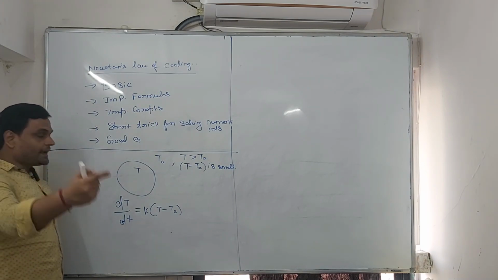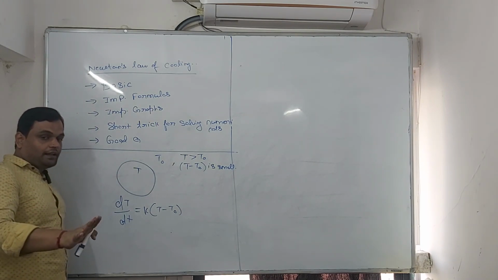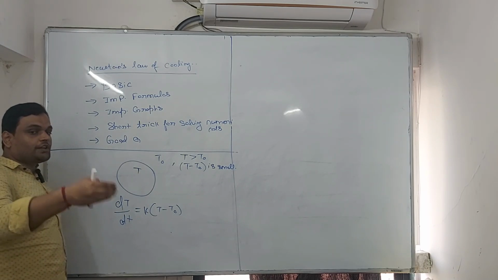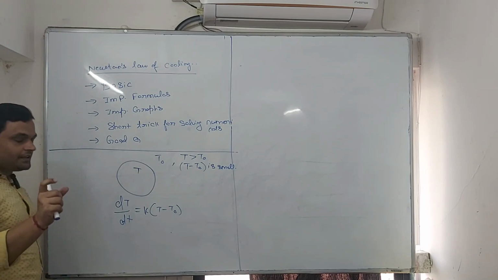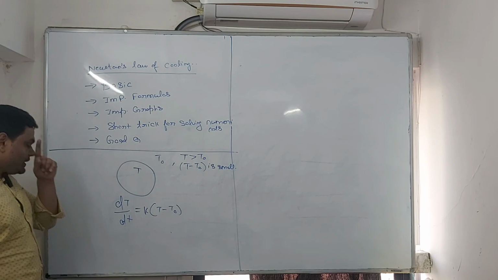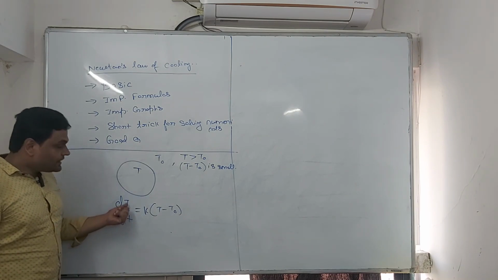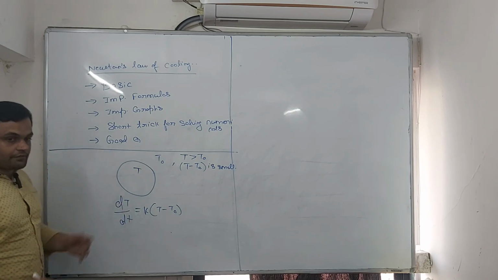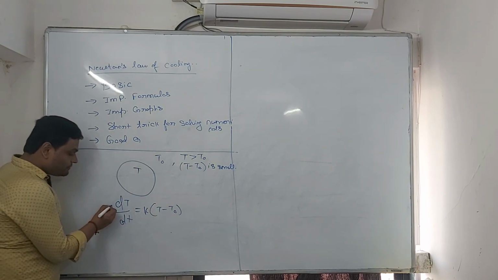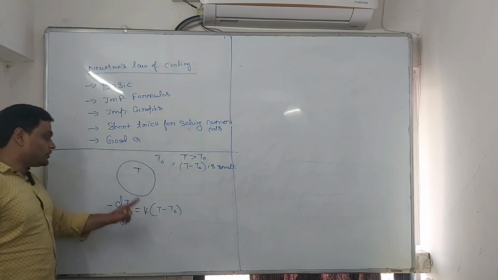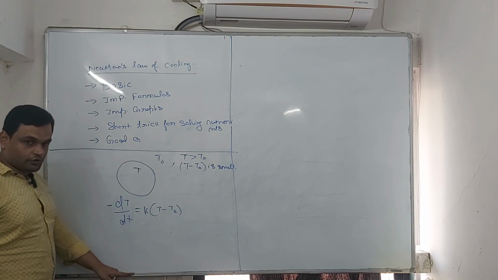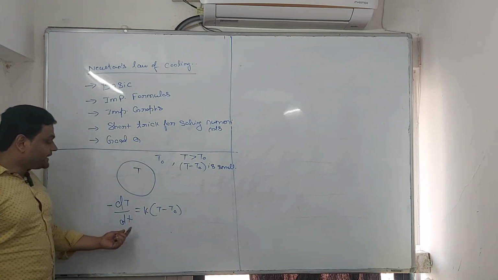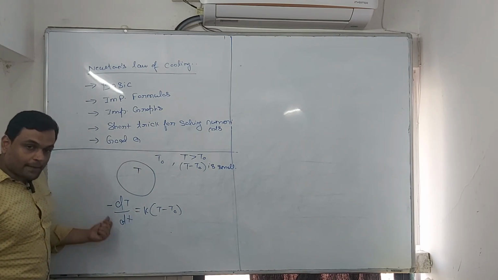Then the change will be positive or negative? Obviously, it will be negative. So if this change is negative, and here it is positive, in order to make it mathematically correct, I have to put here a minus.